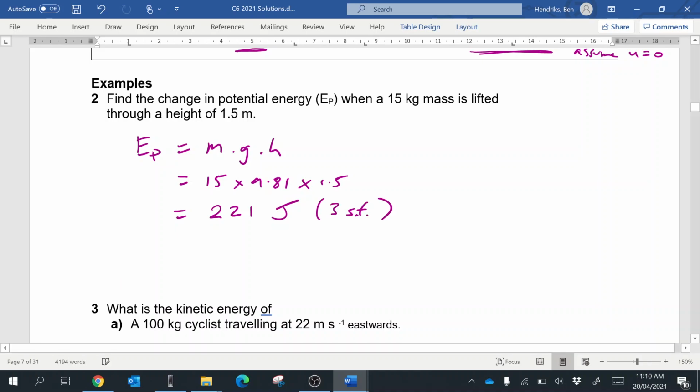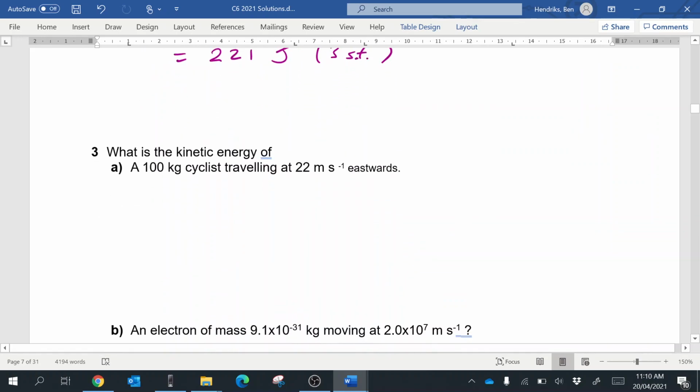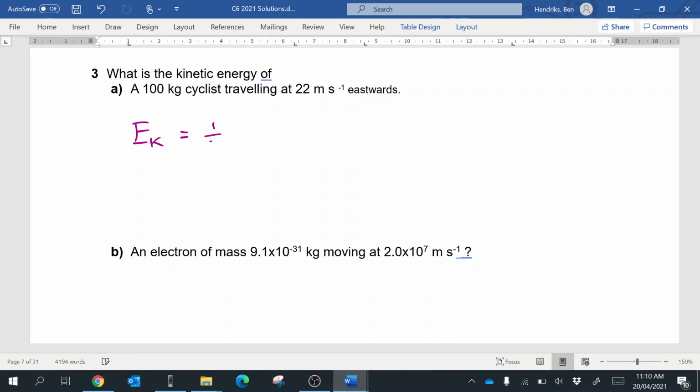221 joules, okay. What is the kinetic energy, so we've got two kinetic energy problems here. What is the kinetic energy of a 100 kilogram cyclist travelling at 22 meters per second eastwards? So EK is equal to a half times 100 times 22 meters per second squared.